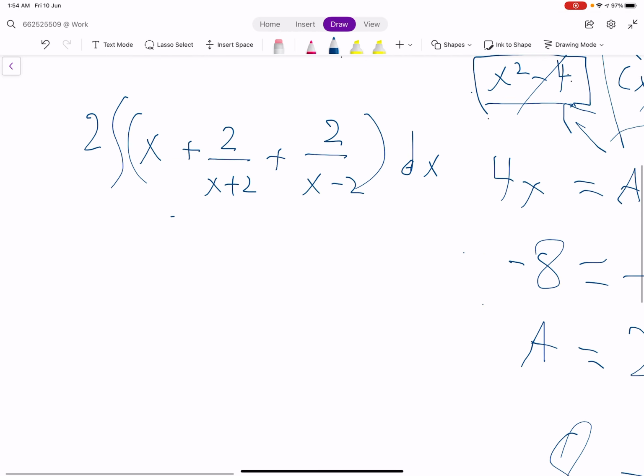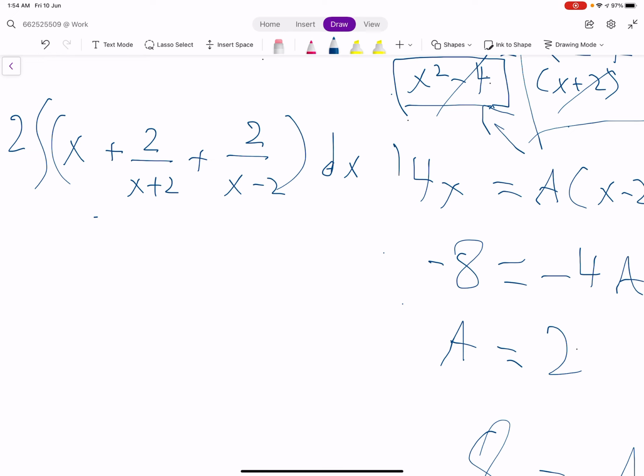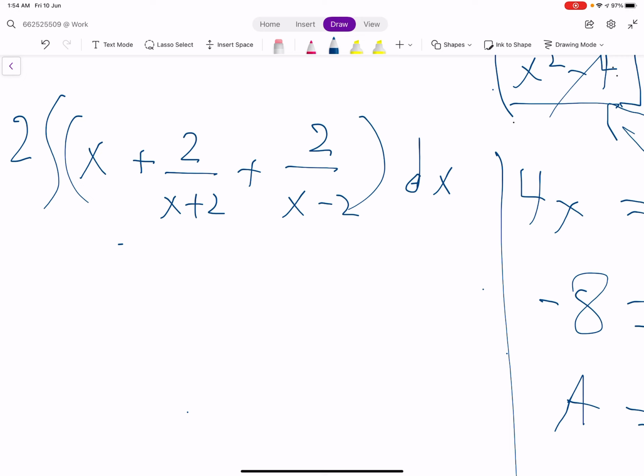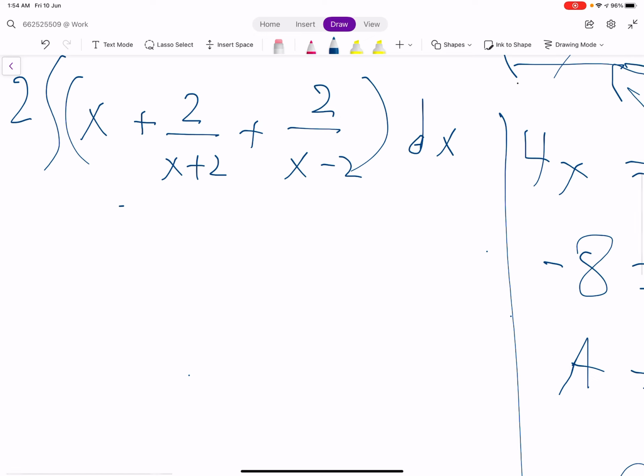Now it's just basic integration. So what is the integral of x? It will be x squared over 2, which will cancel with the 2, so it will be x squared, plus, what is the integral of 2 over x plus 2?